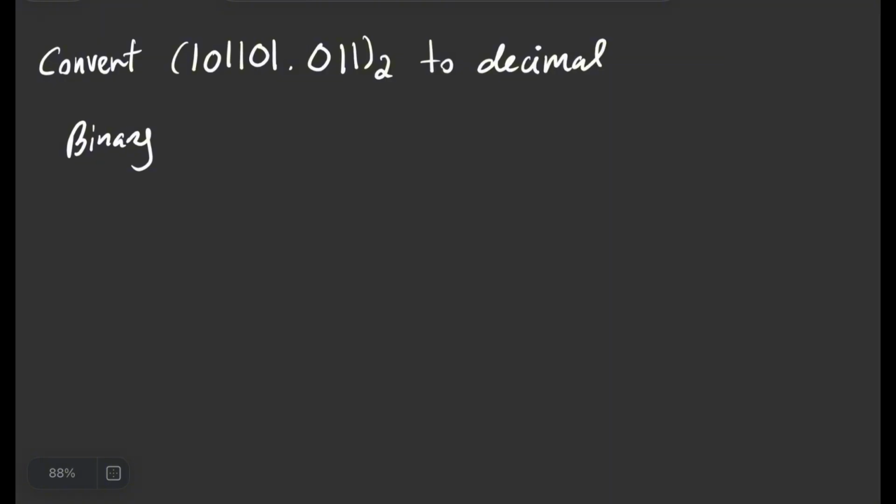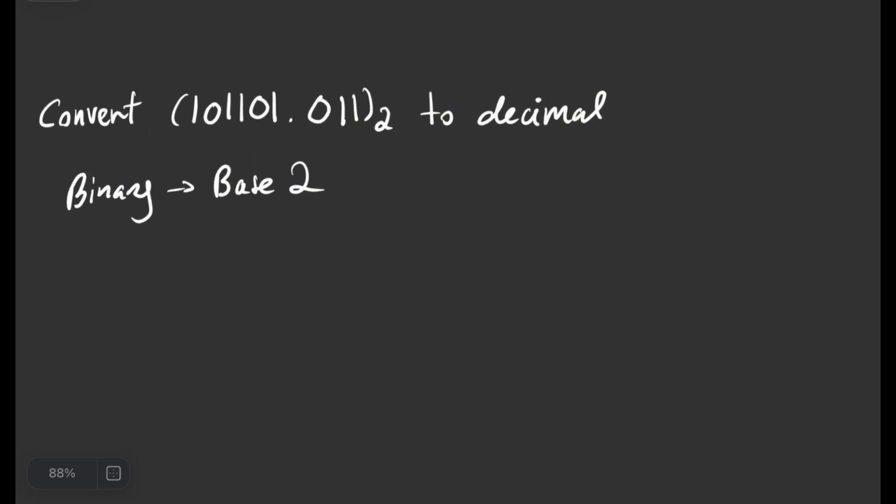Binary is a base 2 numbering system, so all of our positions are going to be base 2. And it's just going to be a matter of counting from 0, 1, 2, 3, 4, 5, and then after the radix point.